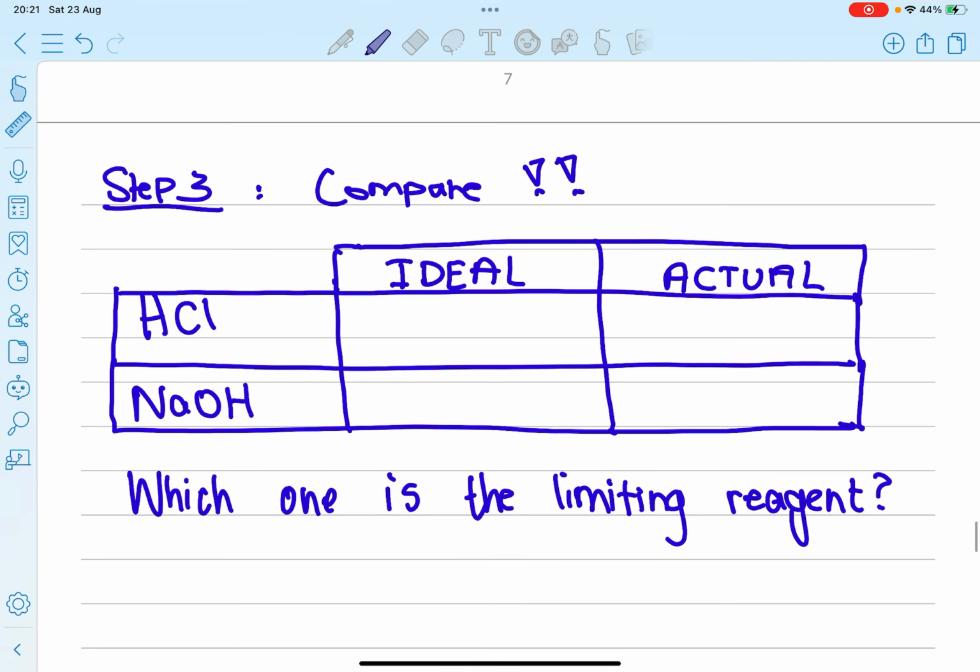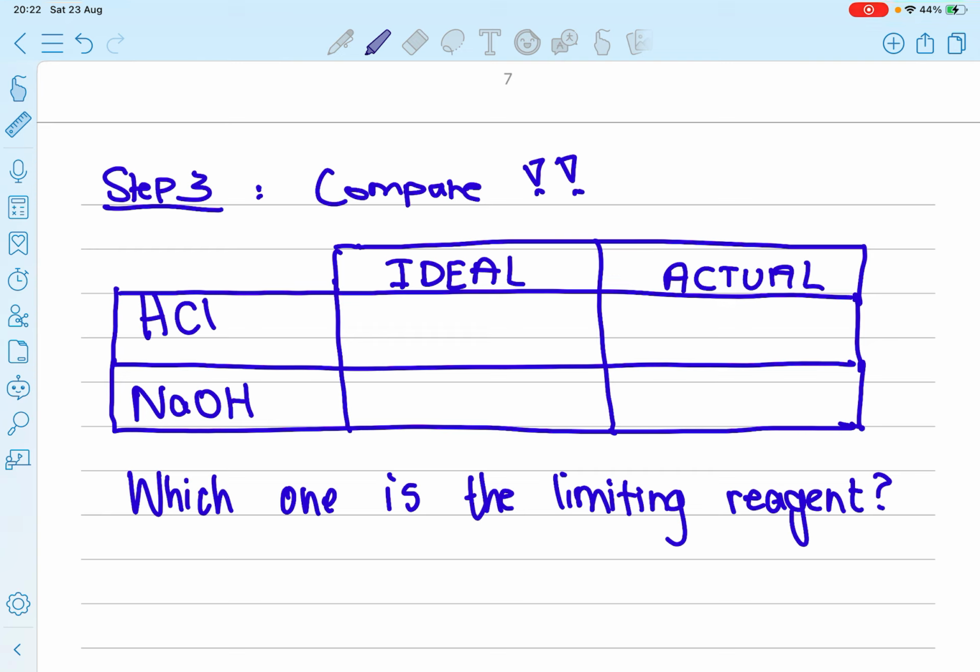Next step, compare. Okay, I know obviously guys, you're not always going to draw this table and do it like this, but I want you to take it step by step. So when you feel that you're not comfortable with limiting reagents, you do it like this, step by step. Eventually, you'll be able to formulate one beautiful equation and calculate it and do it without having to draw tables and everything.